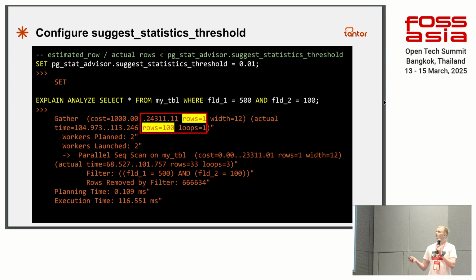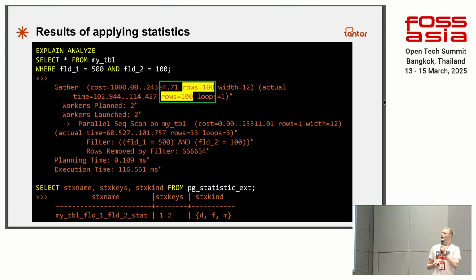We set 0.01. It means that if actual rows differ from the estimate by 100 times, the statistics will be created and collect the information about this. As you can see, after the first execution of this query, the estimation is equal to the actual rows, and extended statistics have been created.